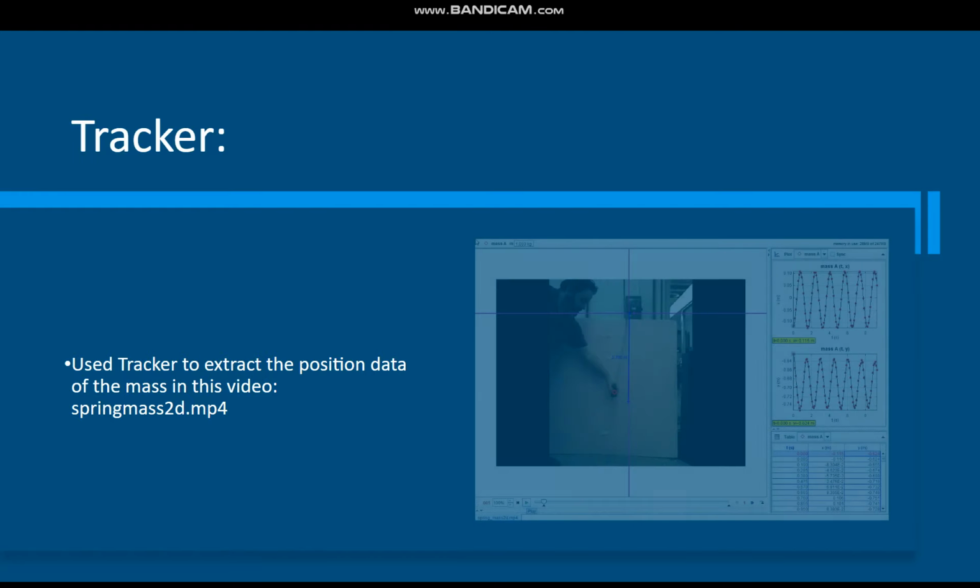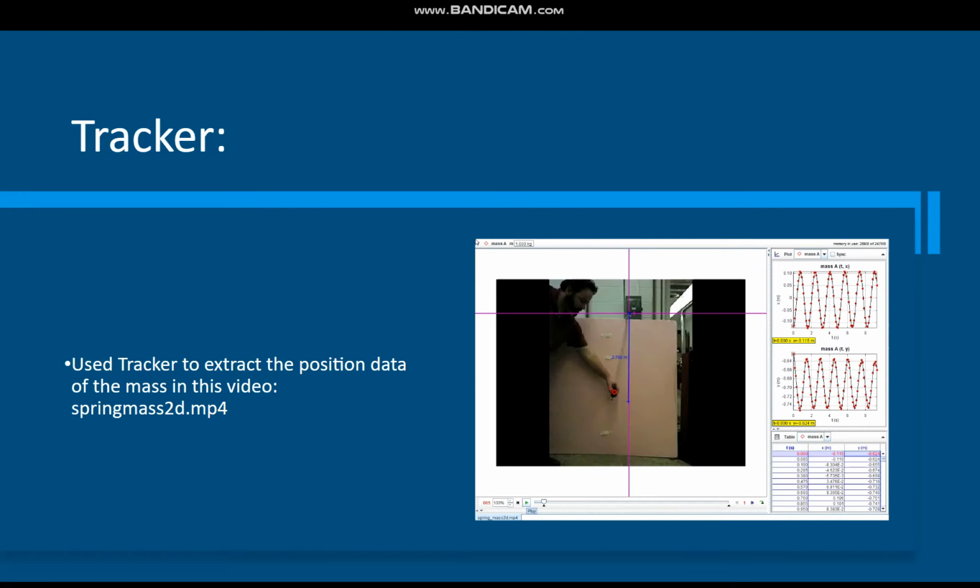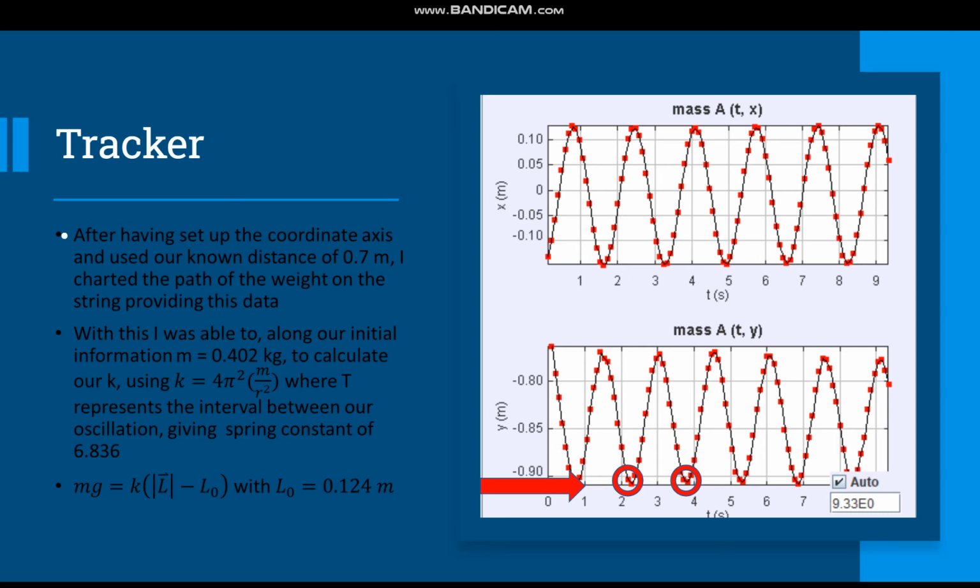So for Tracker, we use Tracker to extract the position data of the mass in this video, and it's the video they supply us in the directions of the assignment. After having set up the coordinate axis and used our known distance of 0.7 meters, I charted the path of the weight on the string, providing this data.